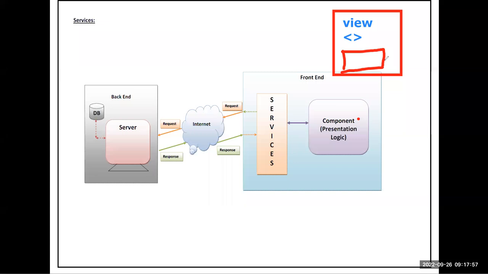For any e-commerce website, Flipkart, Amazon, if you want to display the list of products, be it mobiles or any other product, it will be clicked. When that button is clicked, the request is sent to your component file.